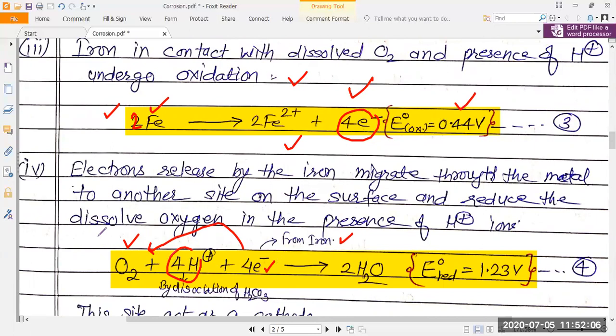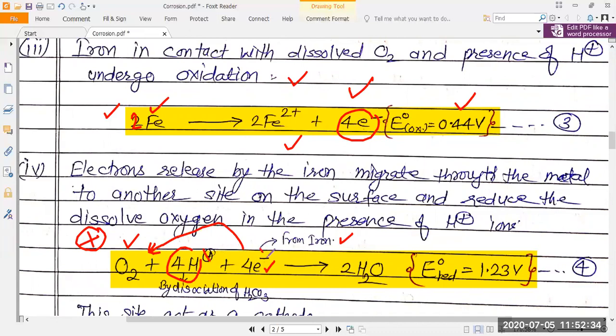And the cathode is the positive portion. We know the cathode is positive and the anode is negative. So at the positive terminal, the negative electrons come towards the cathode, and the reaction happens in this manner. Oxygen reacts with 4H plus, and this negative charge and this positive charge will cancel each other.